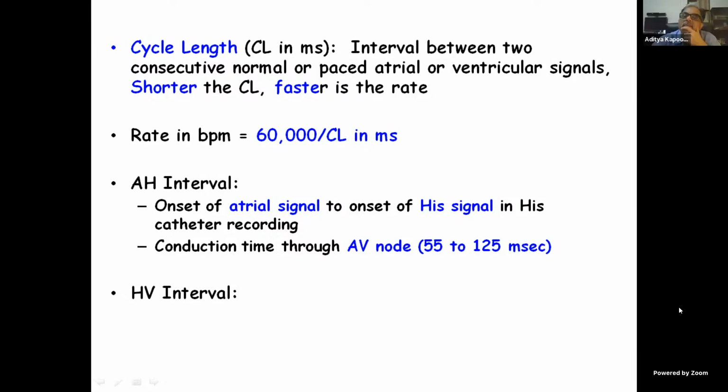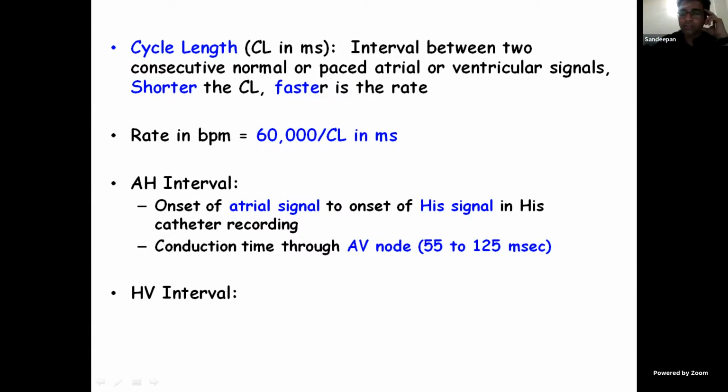I can't hear him. There is somebody listed as an iPhone. Who are you? I don't know. Sandeepan, you want to tell me what is the HV interval? Students who don't want to respond can switch themselves off. Whoever wants to answer, it's a spontaneous thing. We don't want to waste our time asking people who don't want to answer. What is the HV interval, Sandeepan?